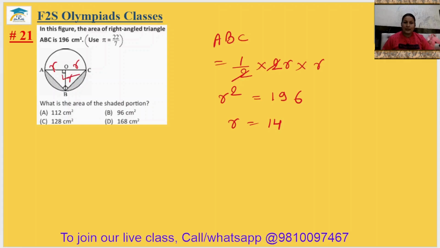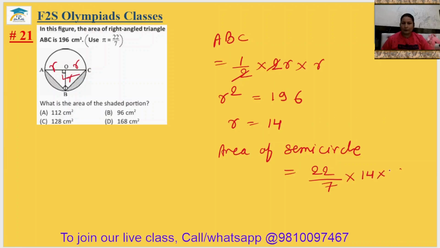So what is the area of the semicircle? Area of semicircle will be equal to pi r square upon 2. So that is 22 by 7 multiplied by 14 multiplied by 14 multiplied by 1 by 2. So 7 twos are 14, 2 cancel. Now 14 multiplied by 22. 14 twos are 28, carry 2, 14 twos are 28, 308 centimeter square is the area of the semicircle.